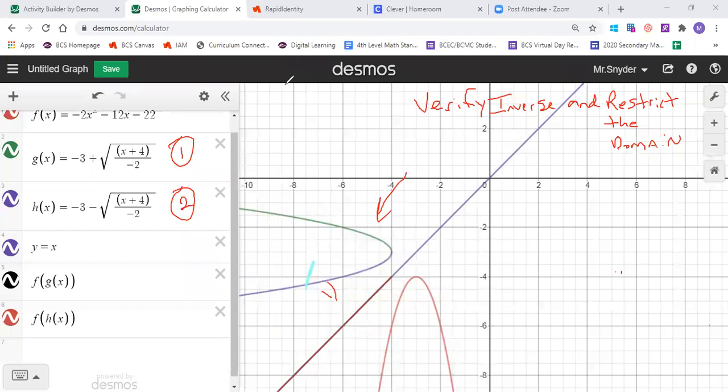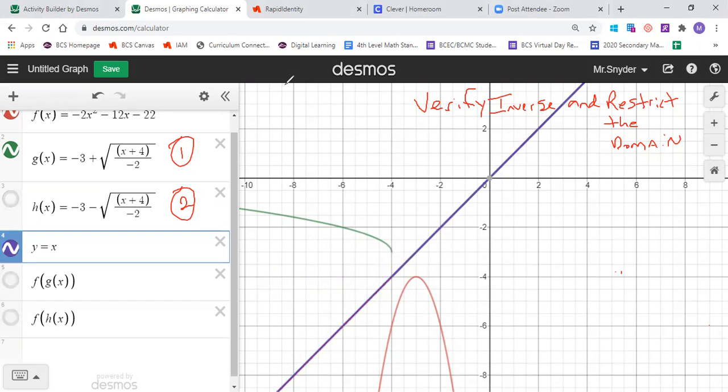So to restrict the domain, first I'm going to turn off some of these equations. I'm going to turn this one off, turn this one and this one off, okay? And what you're going to notice is only part of the parabola is showing.